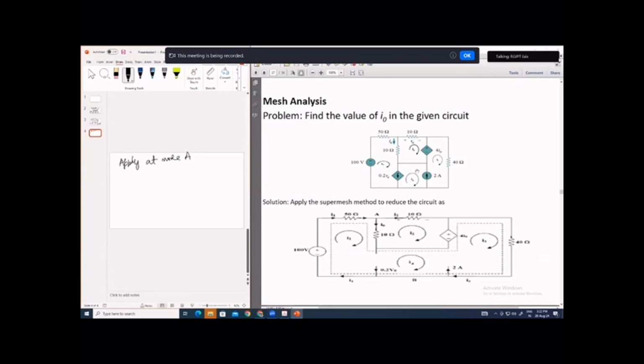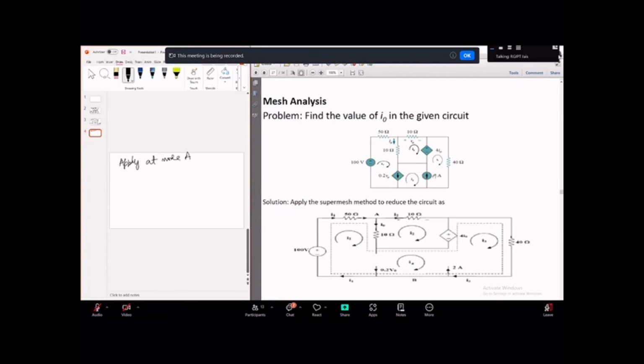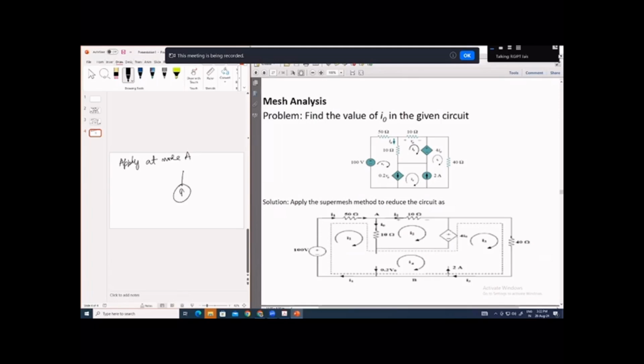Between mesh 4 and mesh 3, there is an independent current source of 2 ampere. Now, what are the assumptions we have made? I3 flows like this, so this will be I3, and I4 flows like this, so this will be I4. I4 is moving in the downward direction and I3 is moving in the upward direction.